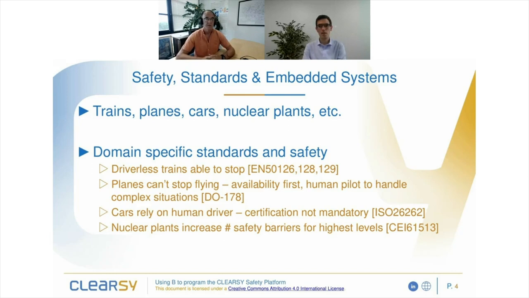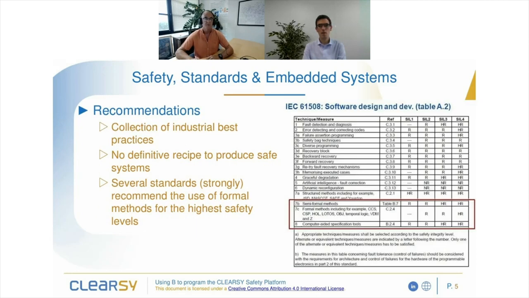The cars, especially the so-called autonomous cars, need to have a human driving assistant or safety assistant to take back control of the car in certain situations, and for which certification is not yet mandatory. And nuclear plants, where depending on the criticality of the functions, you just increase the number of barriers. So different domains, different approaches for the same notion.